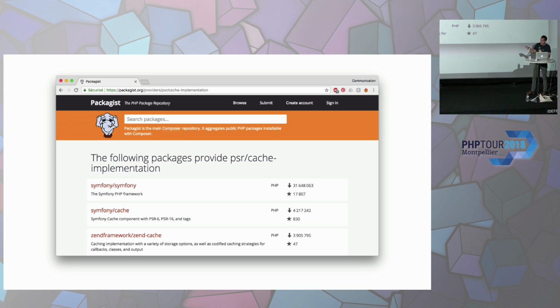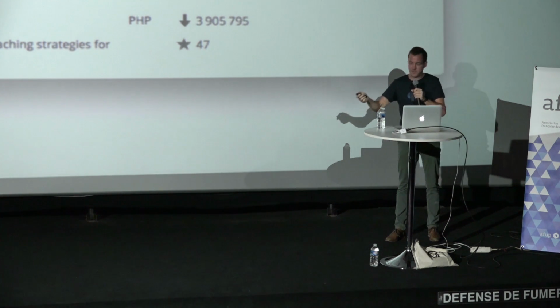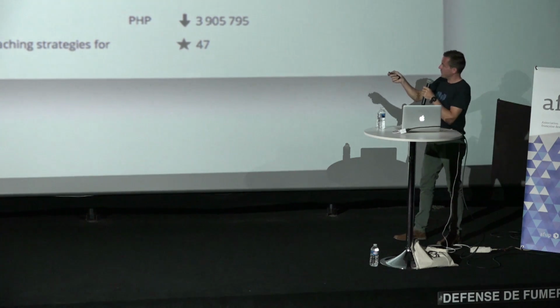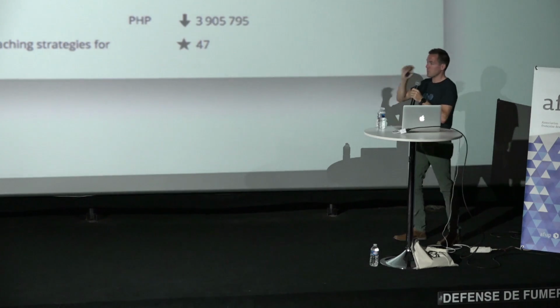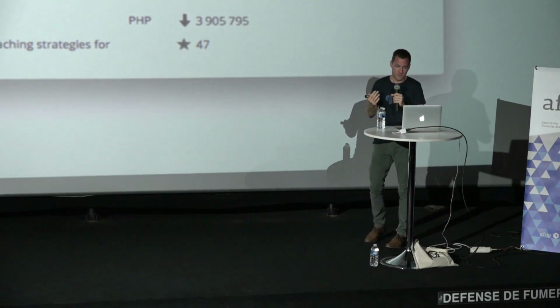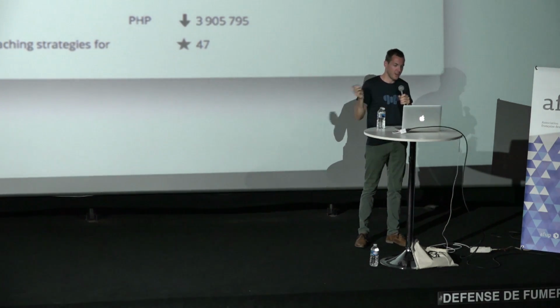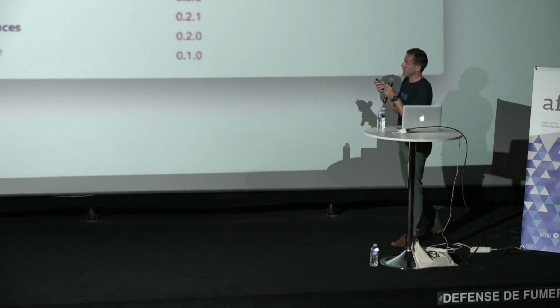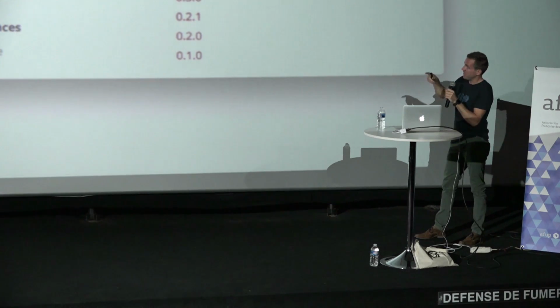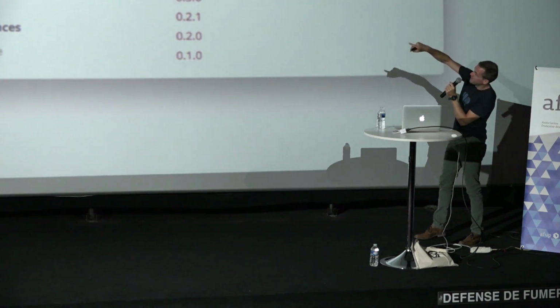So you can see that there's a bunch of them, and the most famous one is symfony/symfony and symfony/cache, because symfony/symfony includes symfony/cache. I think since Symfony 3.0, it implements the PSR6 interface, or it provides an adapter inside this package. If you click on one of them, this one is cache/filesystem-adapter.